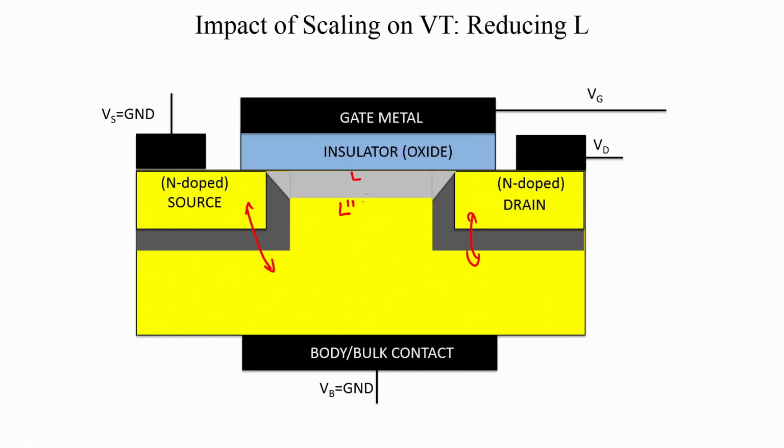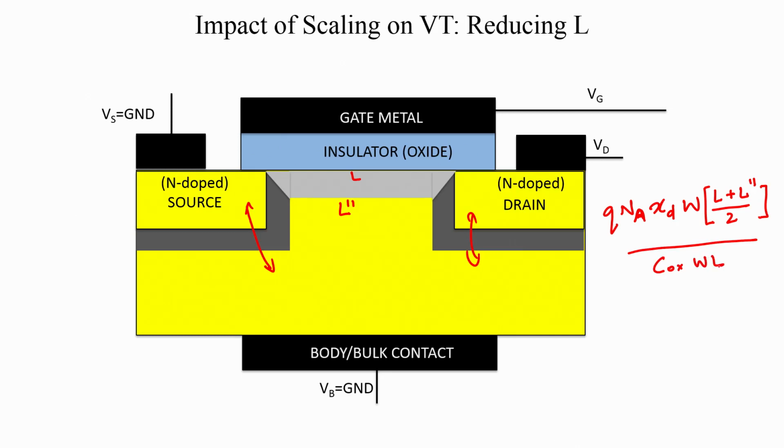And what is the depletion charge in this device? It will basically be Q Na XD, I am just taking the magnitude, into W into the area of this trapezium, which will be (L plus L double dash) by 2, and that divided by the total gate capacitance.